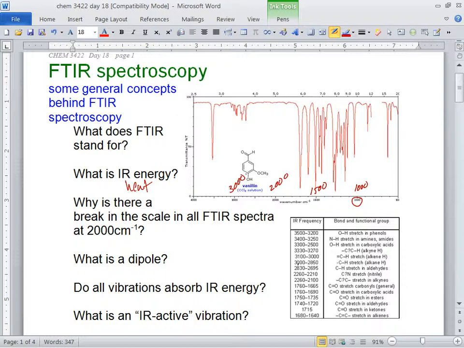So notice how the jump was 500, and then the jump all of a sudden is 1,000. That's just convention. Every IR plot is like that. Once you get below 2,000, it's higher resolution. They zoom in twice as much.